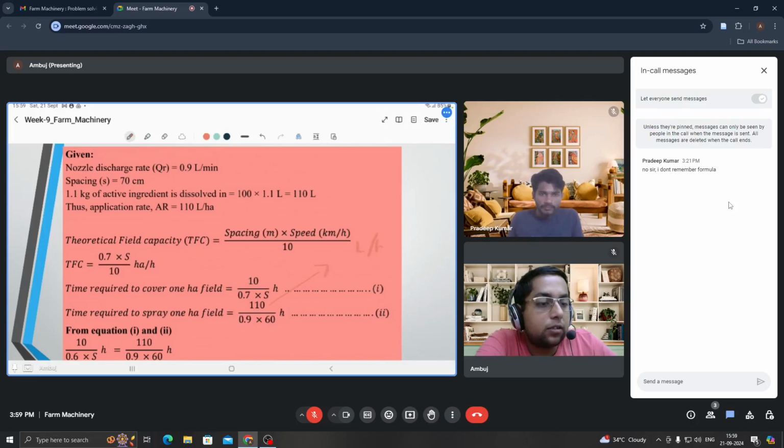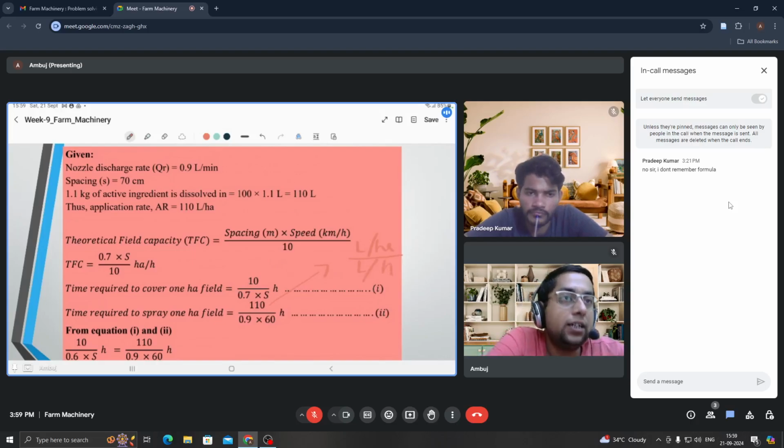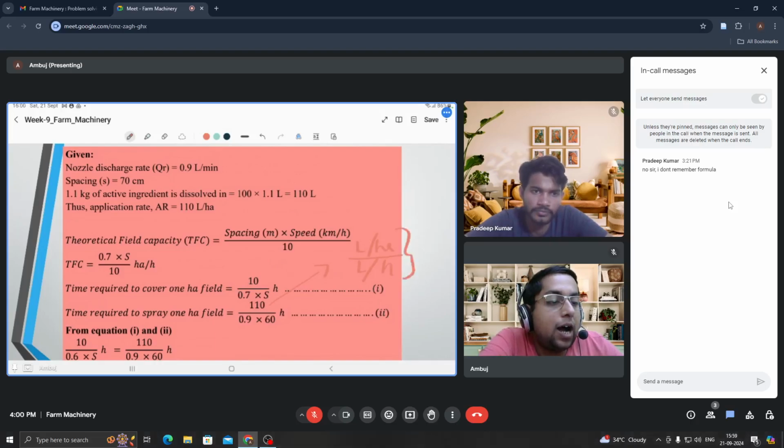Then 0.9 liters per minute, if I multiply it by 60, that would be liters per hour. Then if you see, this entire unit would be hours per hectare.